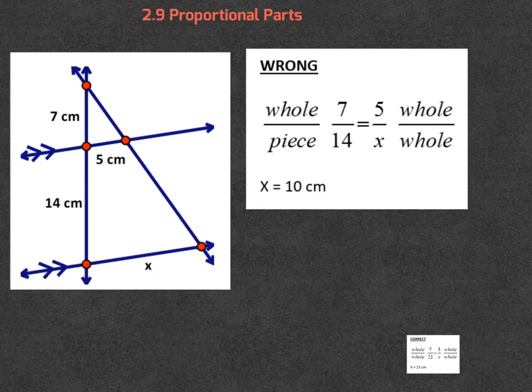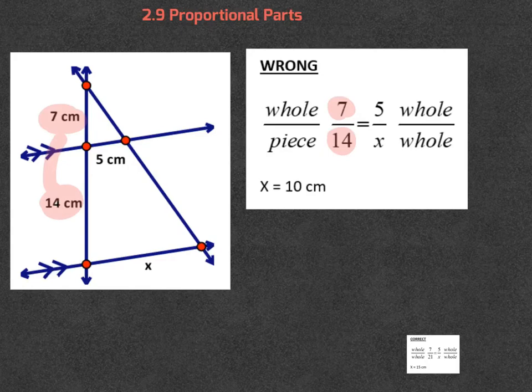A student will receive this problem, and what they will naturally do is they'll say, 7 is to 14. Now notice that 7 is a side of a triangle, but 14 is a piece of a triangle.